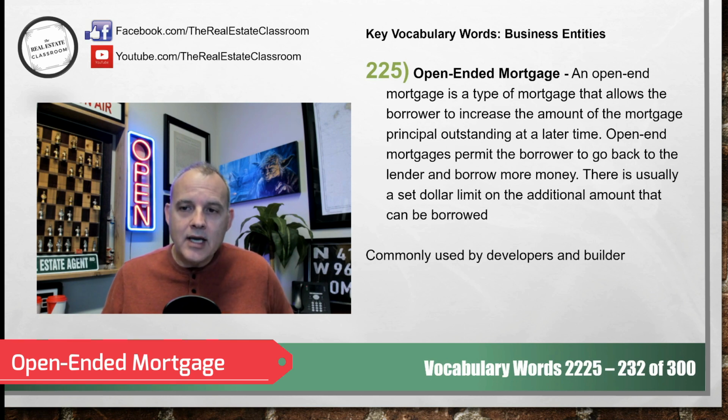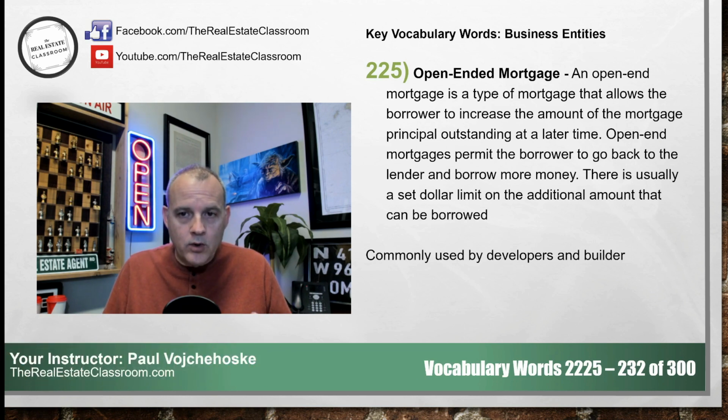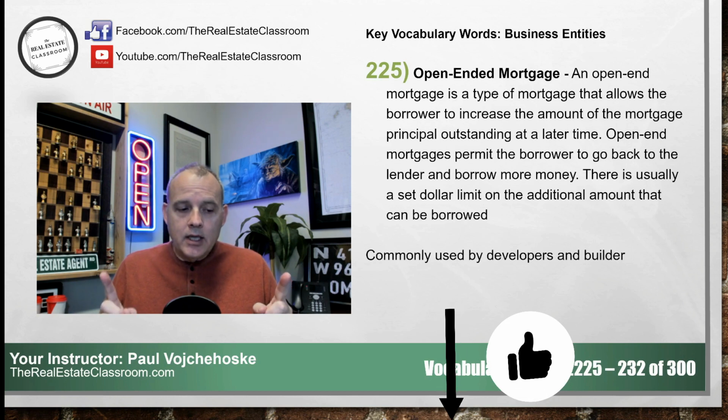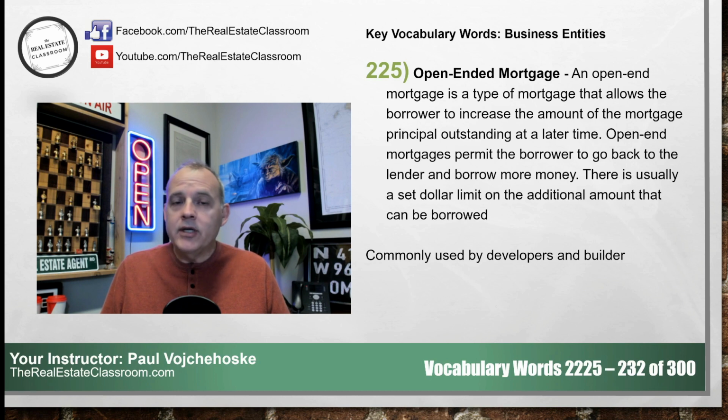An open-ended mortgage is a type of mortgage that allows the borrower to increase the amount of the mortgage principal whenever they want. Let me give you an example. Let's say you go to the bank and you get a $5 million loan because you're a developer and you're going to develop individual lots. So you're going to be borrowing $200,000, $300,000, $400,000 at a time so you can build houses on each one of these lots.